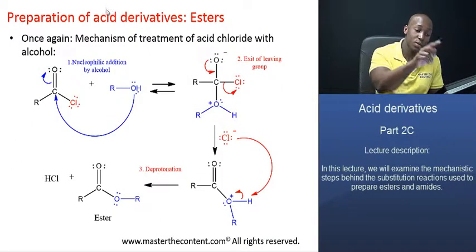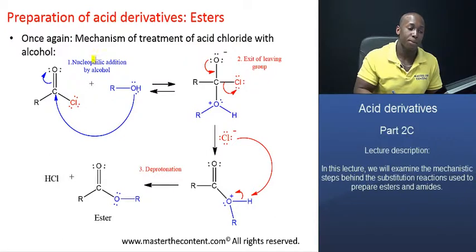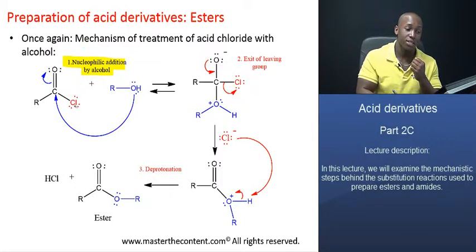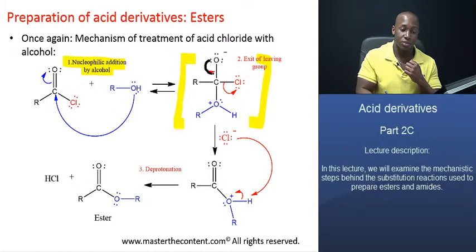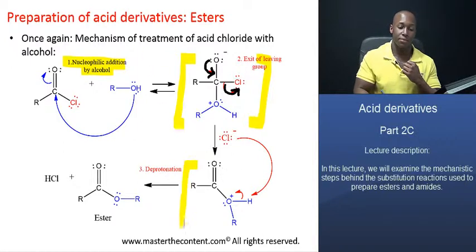So let's go over that one more time. Again, you have a nucleophilic addition step, and that nucleophilic addition step is actually going to result in the formation of our intermediate right here. Then a pair of electron migrations, one from that oxygen to reform that double bond, and one to eliminate that chloride ion then occurs, resulting in the formation of the intermediate that we have at the bottom right-hand corner of the screen.